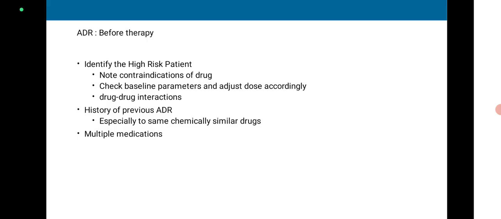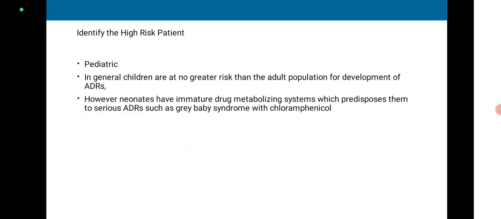If those contraindications exist, we need to check the baseline parameters in those patients and adjust the dose accordingly. We need to identify and prevent drug interactions. Identify patients who have a previous ADR history and those who are on multiple medications.